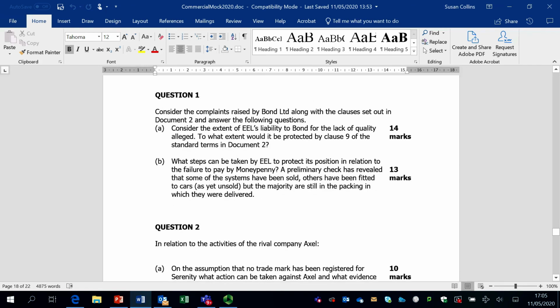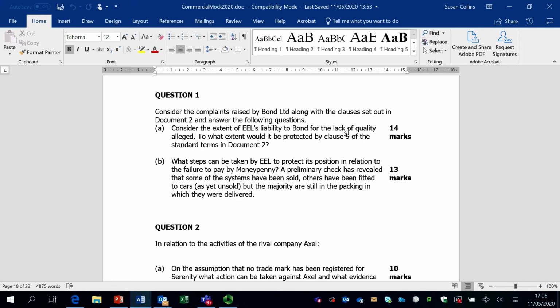All right, so let's start then with question 1. Question 1 says to consider the complaints raised by Bond Limited along with the clauses set out, and to answer the following questions. Okay, so consider to what extent EEL's liability for the lack of quality alleged would be protected by clause 9 of the standard terms in document 2.